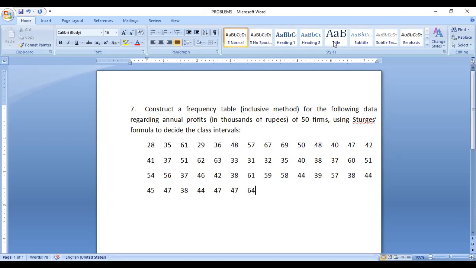That is, we have to use Sturges formula in deciding classes and class intervals. In the introductory part of continuous series, we have discussed Sturges formula. We will use that formula to construct this frequency table.